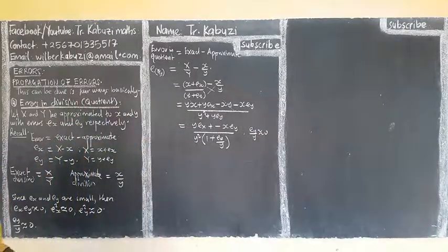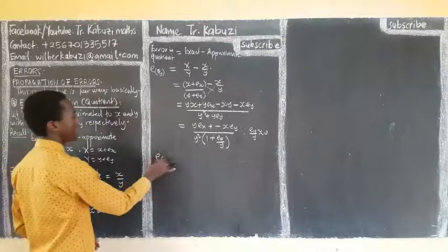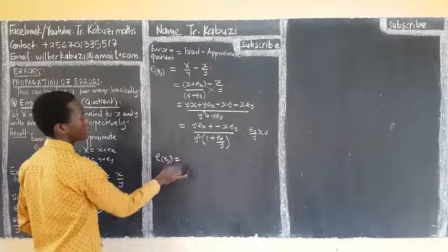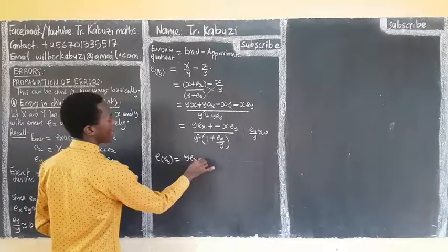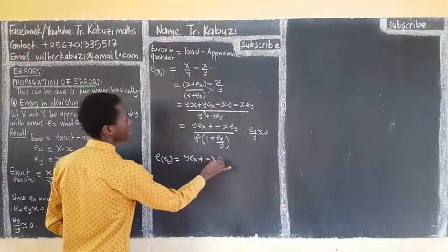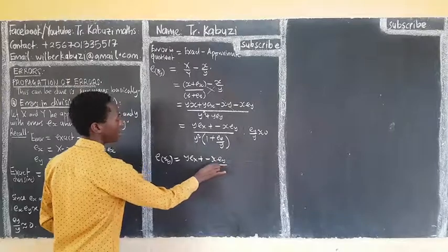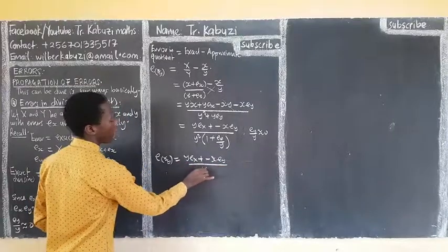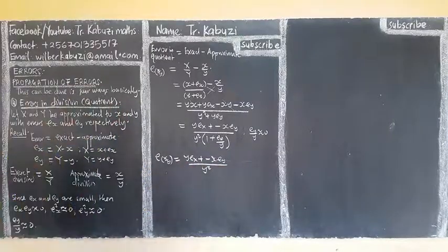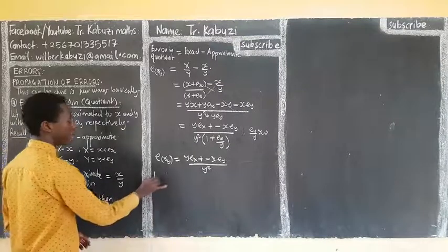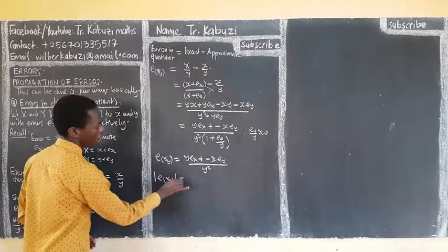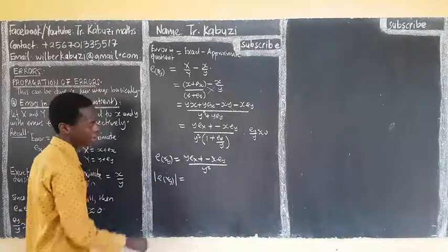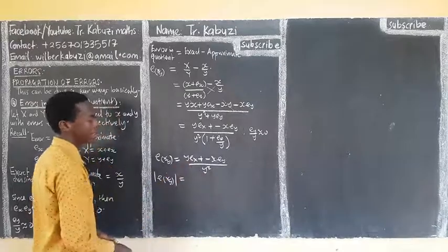So if that is the case, our error in x over y will be equal to yex minus x ey, the whole over y squared. So what happens there? We introduce our modulus sign. If I introduce now e of x over y, it will be modulus on both sides.